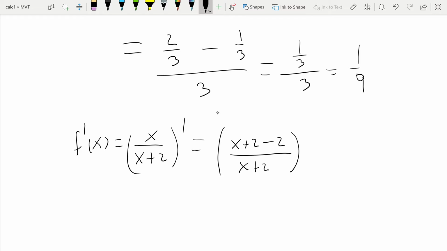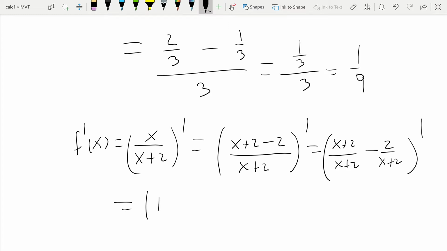This may save you a little bit of time. Instead of writing x in the numerator, I'm writing x plus 2 minus 2. The 2's would cancel out until you get x over x plus 2. But if you split this into two fractions, you get the derivative of x plus 2 minus 2 over x plus 2. The first expression is 1. The second expression is 2 over x plus 2.